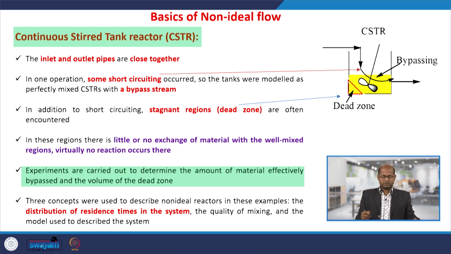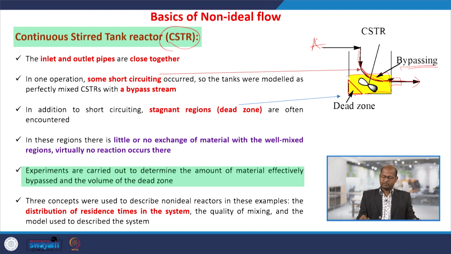Similarly, the continuous stirred tank reactor is also there, and in that case also the reactant is passing through. If the outlet is fixed here, then reactant molecules, without mixing or taking part in reaction for a longer period, may leave the reactor. This is called bypassing.